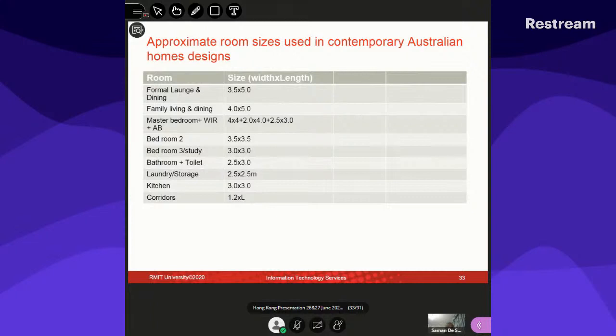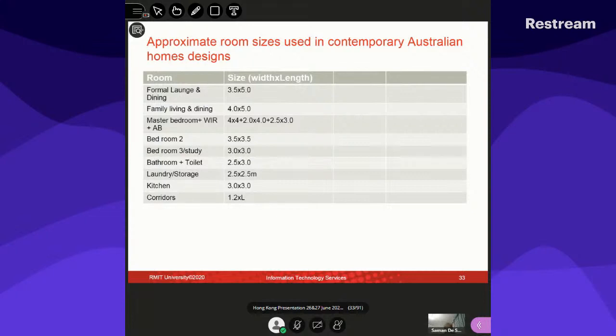You can change them wherever you want, but it is a rough idea of what these room sizes are. So normally formal lounge and dining will be about 3.5 to 5, which is large. And I remember once one of the Hong Kong students said, "Saman, my entire apartment is something like that." So I do understand that.